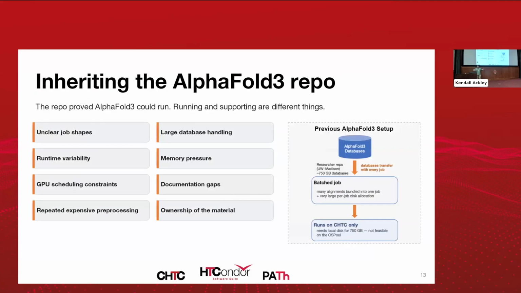And so when we start actually looking under the hood, that's when we start to untangle some of the areas for improvements that we wanted to make. There's a lot of fuzziness around how a job shape is defined, how big of a GPU you need, how many cores you require, how much memory you need for that first part, how we would handle the databases.